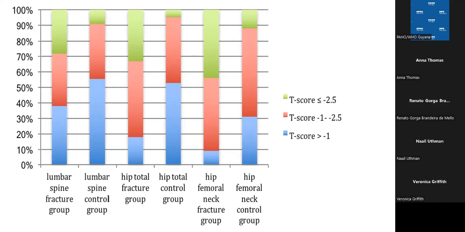That is why we have to assess the overall risk for a fragility fracture, because treatment decision will be based on it, not on the presence or absence of osteoporosis.